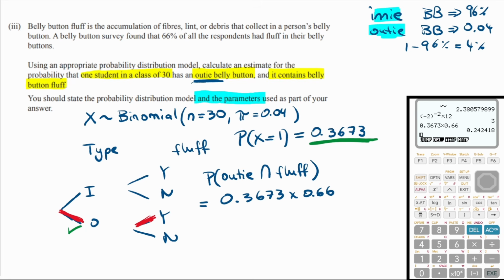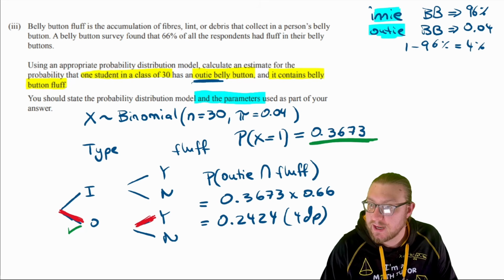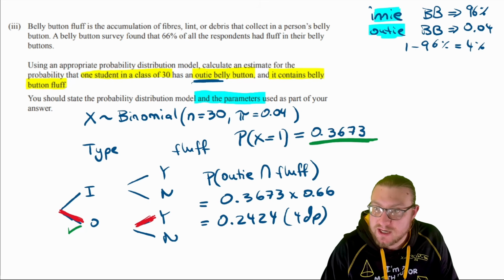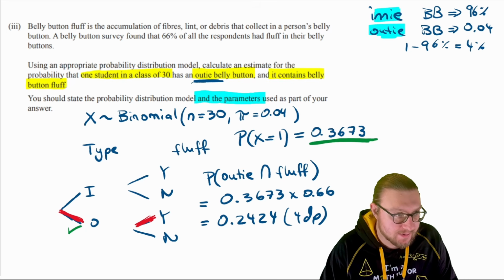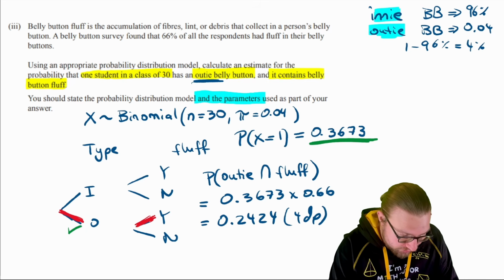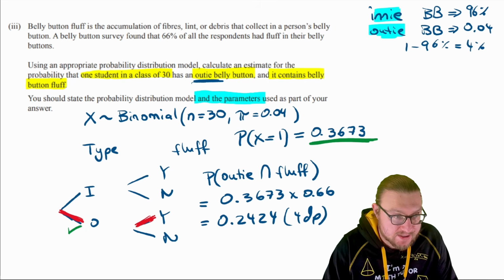There we go. Then we get the answer, which is 0.2424, right? 4 decimal places. There we go. We have it. That is the probability for us to get an outie belly button, and we want to have fluff in our belly button.